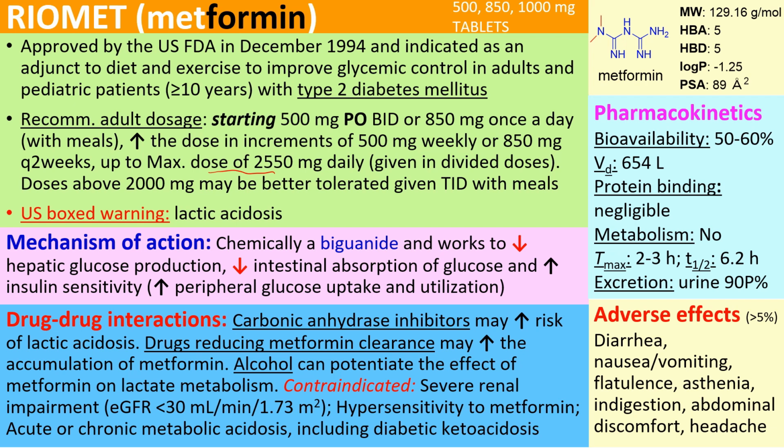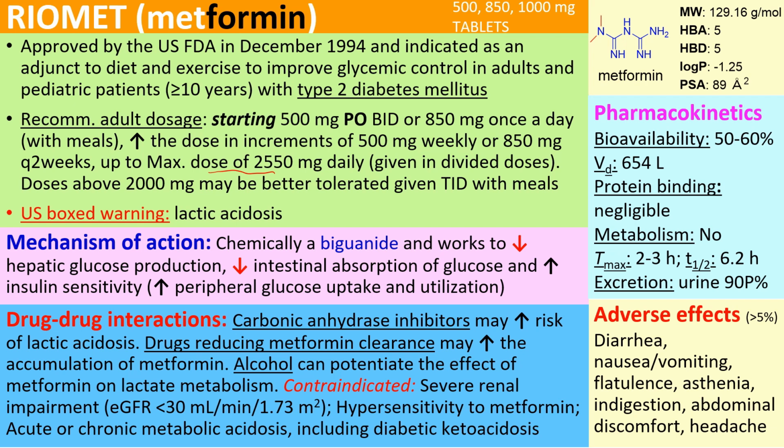So that's 2,550 milligram daily, given in divided doses. Doses above 2,000 milligram may be better tolerated if given 3 times a day with meals. This medication carries a US boxed warning: lactic acidosis.